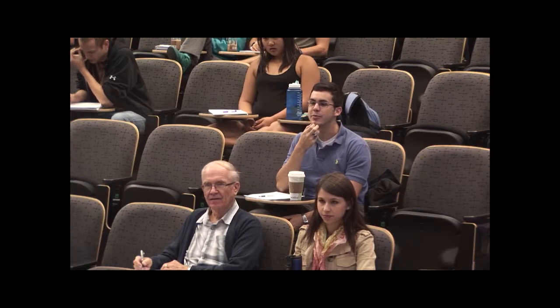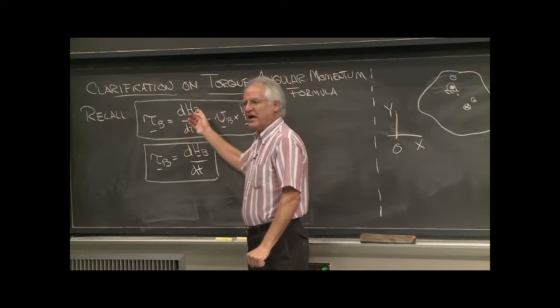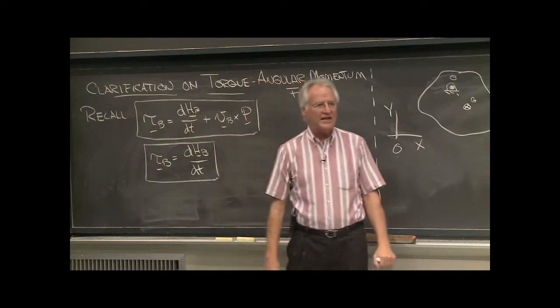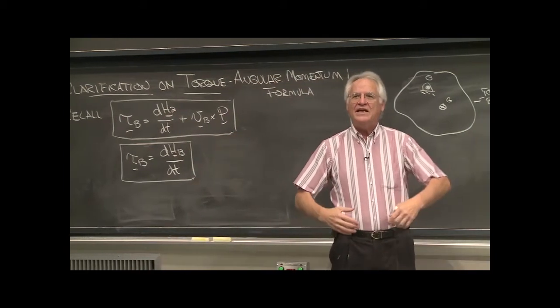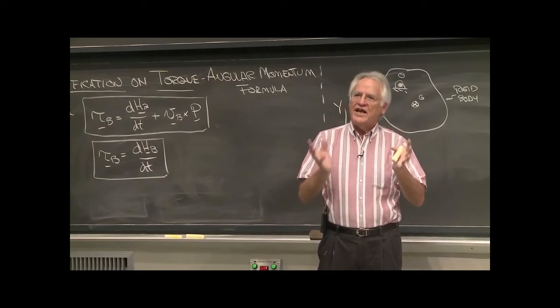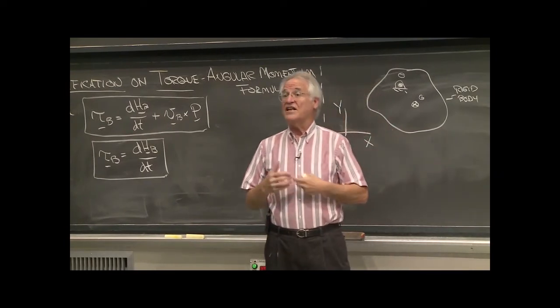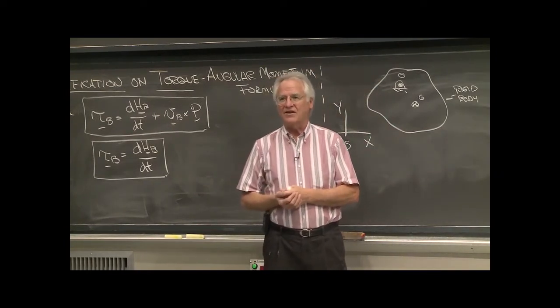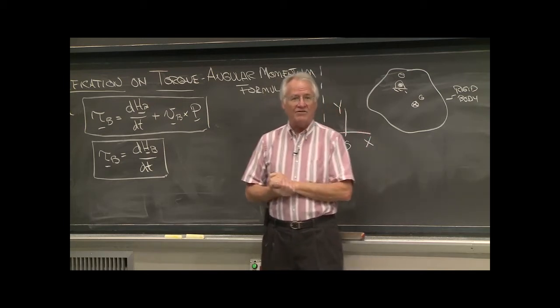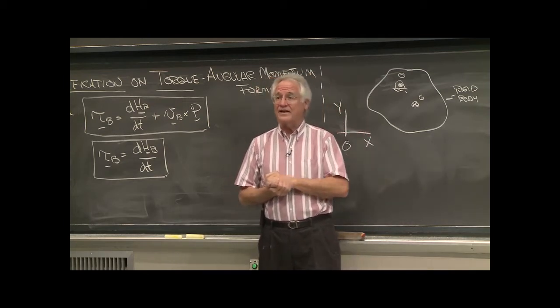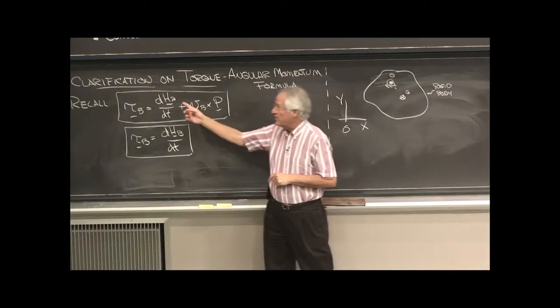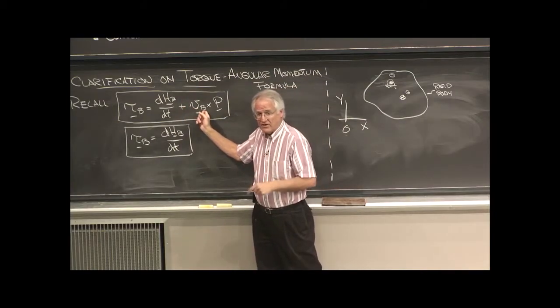Angular momentum with respect to point B. Exactly, the angular momentum with respect to point B. And you know as well as I that the angular momentum is kind of the rotational analog of linear momentum. Instead of being linear, it's somehow rotational and it goes around point B. So you're on a roll here.